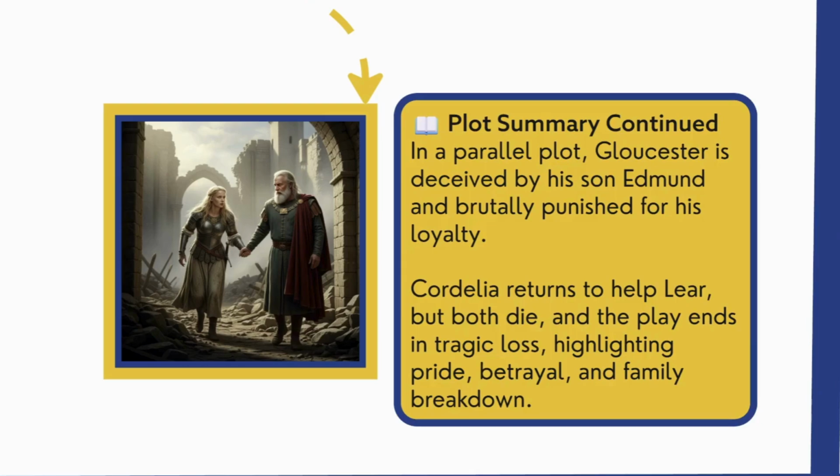In doing so, it highlights themes of pride, family betrayal, political breakdown, and things like that. So the whole kingdom splinters and fractures upon their deaths. Extremely tragic play, really.